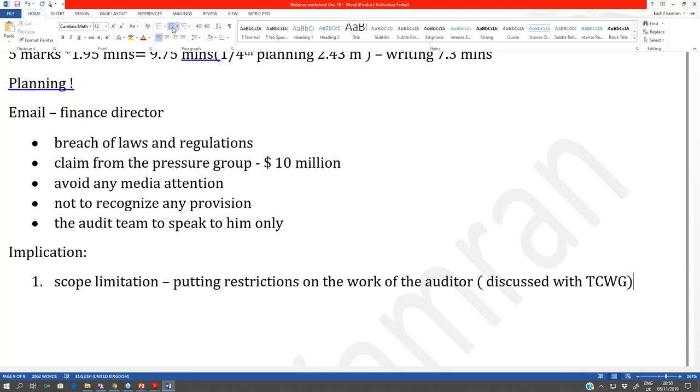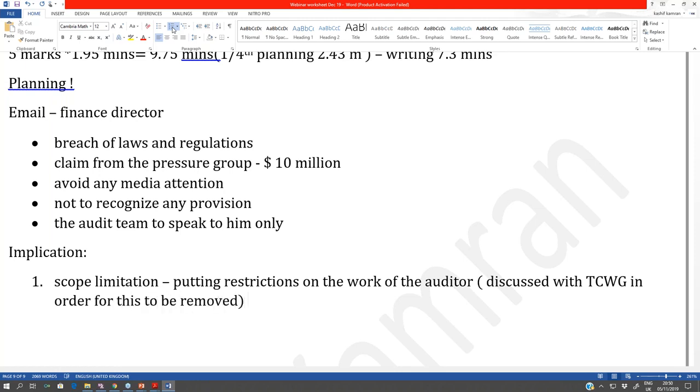He's trying to put restrictions on my scope, and as an action, I need to discuss this with those charged with governance in order for this to be removed.